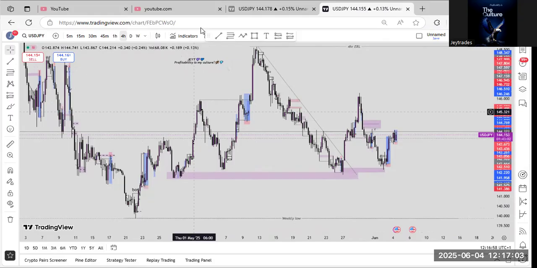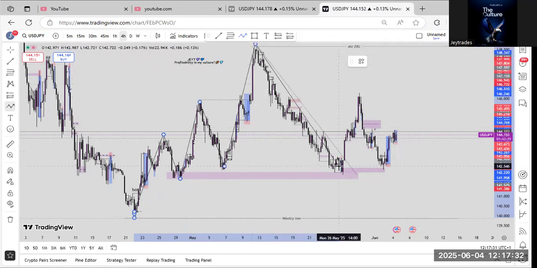You could see the market breaking highs. You could see the market making higher highs and higher lows, higher highs and higher lows, higher highs, then a low also, right?